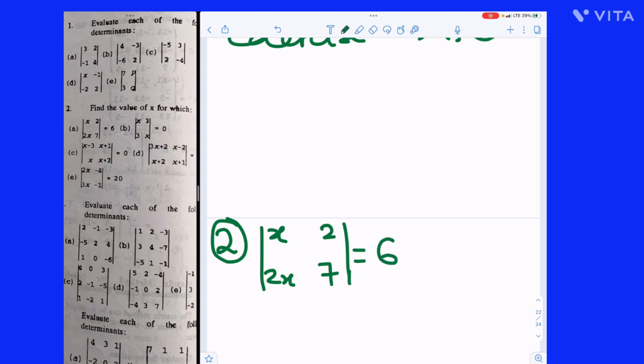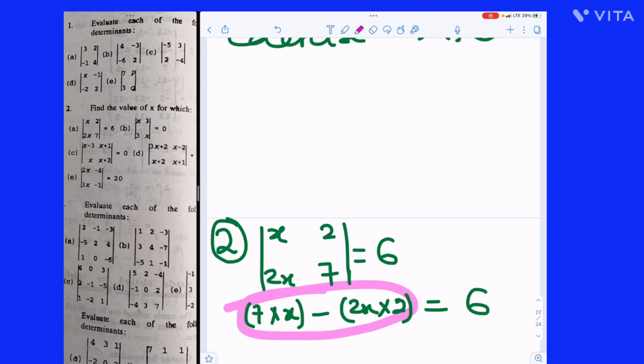So we want to find the value of x for which this determinant is equal to 6. All we have to do is simple. Just do open bracket 7 times x minus 2x times 2 is equal to 6, because this is how our determinant should be gotten.